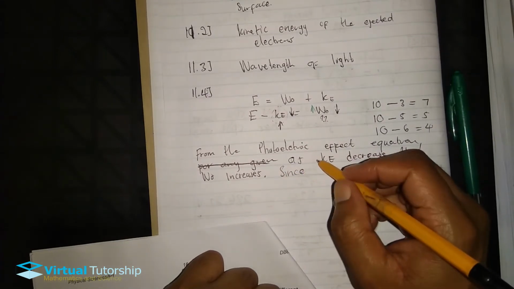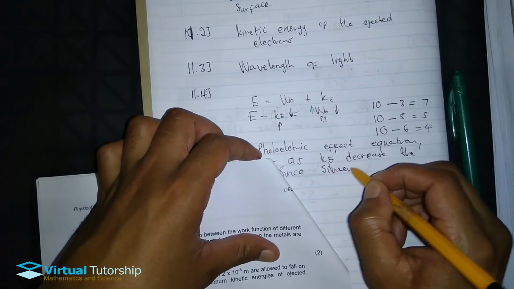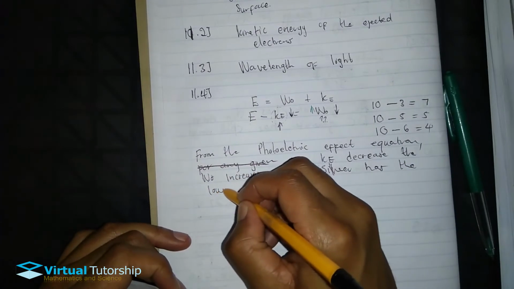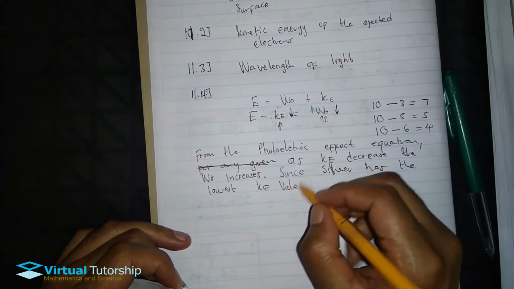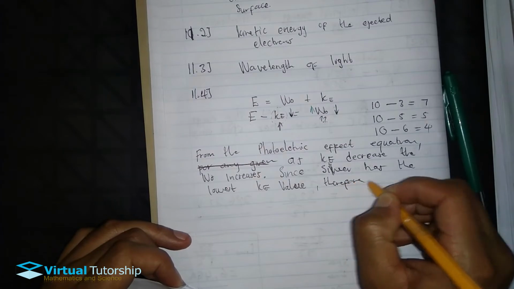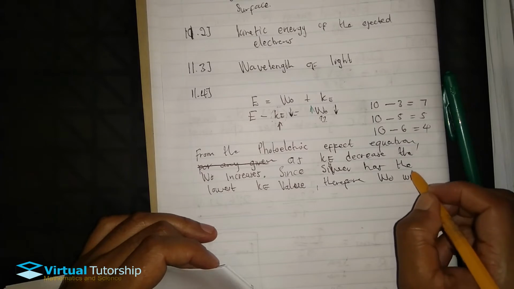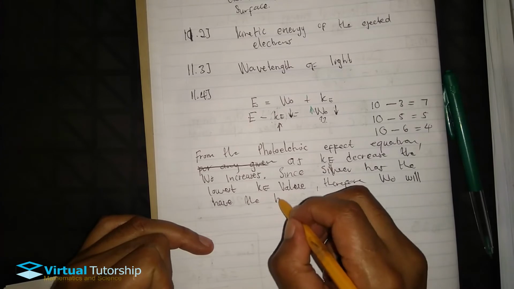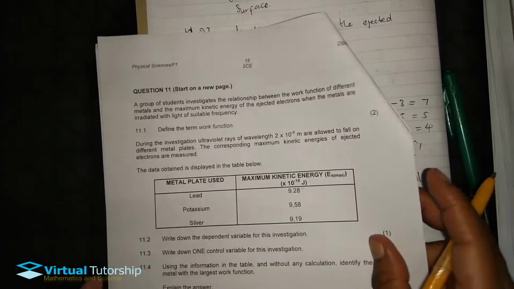Since silver has the lowest KE value, therefore its work function will have the highest value. Something like this.